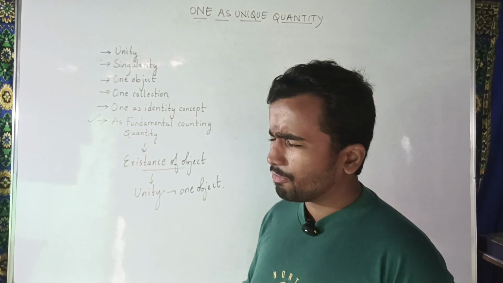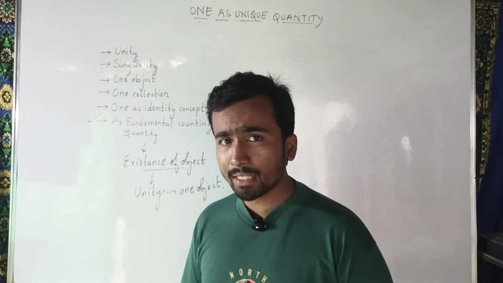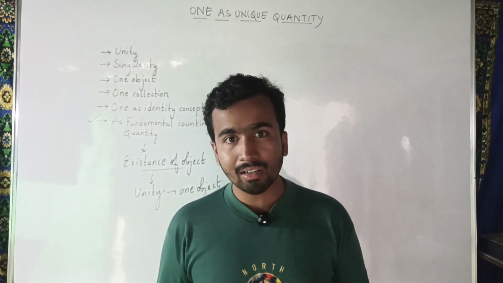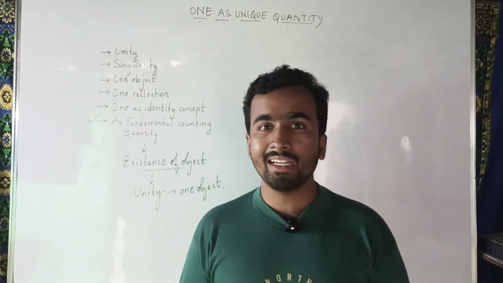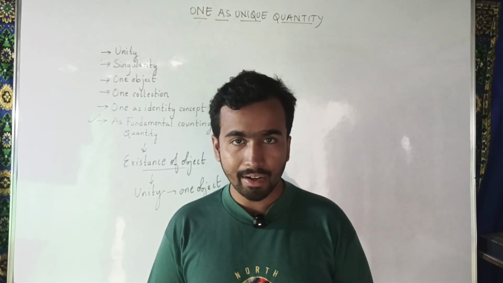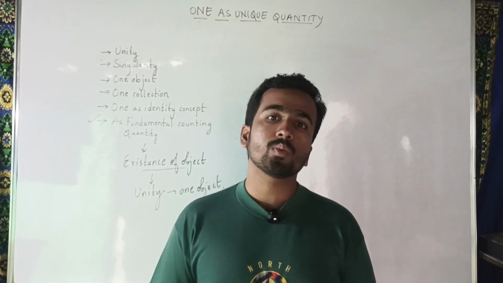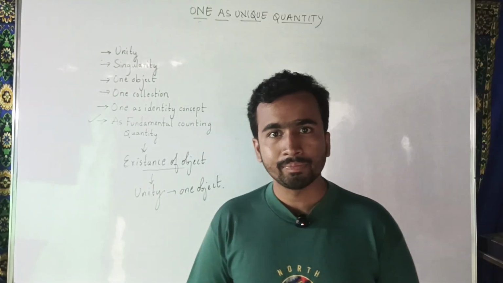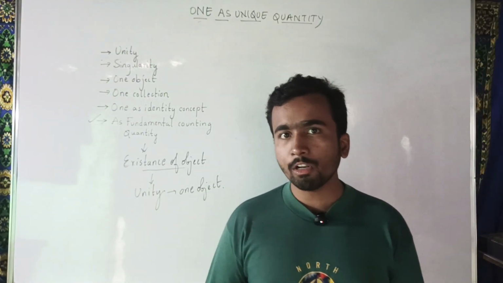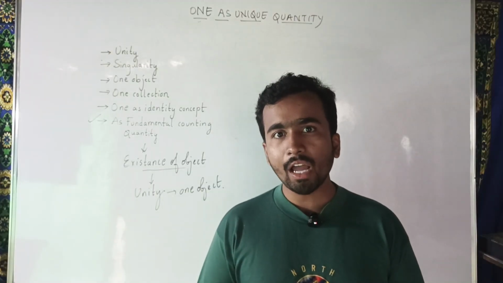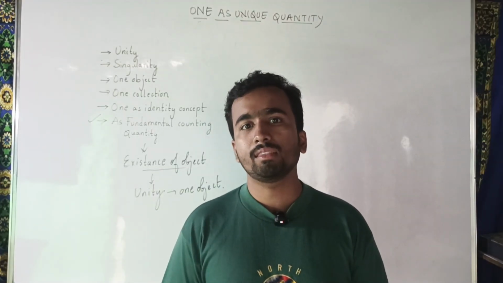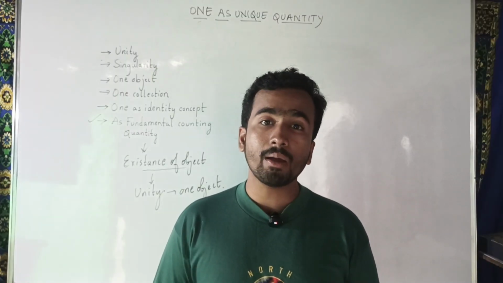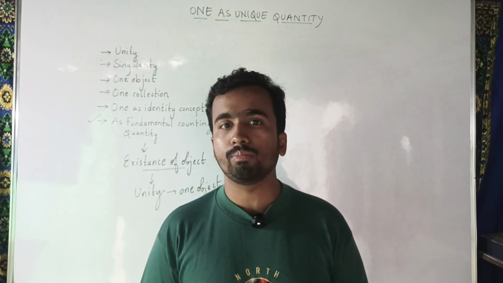See, the aspect of one might be simple for you guys in this video, but on a further journey, when we enter into chapters like sets, relations, and also the aspect of mensuration, where we'll be studying perimeter, areas, volumes, etc., you will be studying the fundamental principle of length, the fundamental principle of area, and also the fundamental principle of volume.